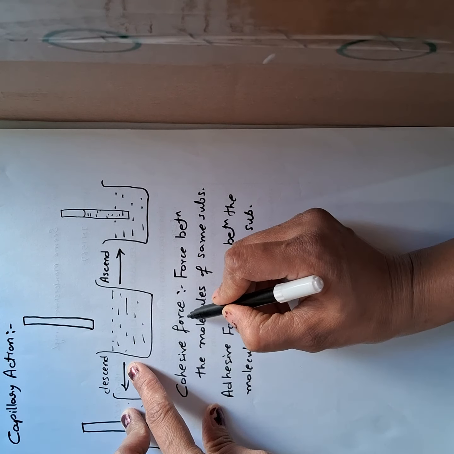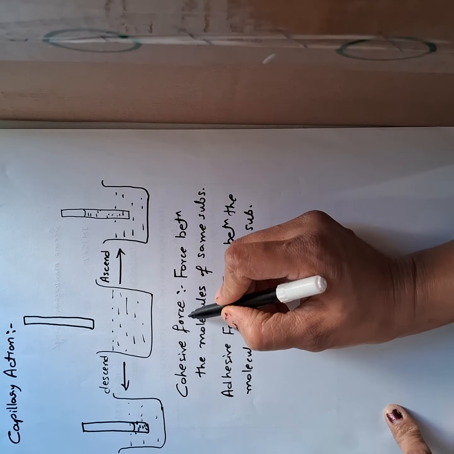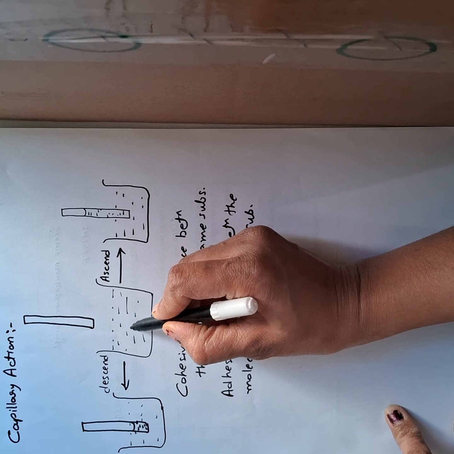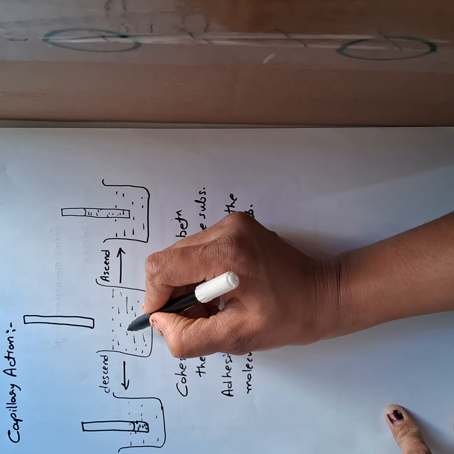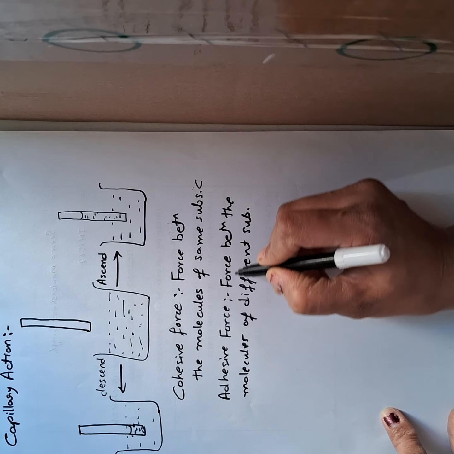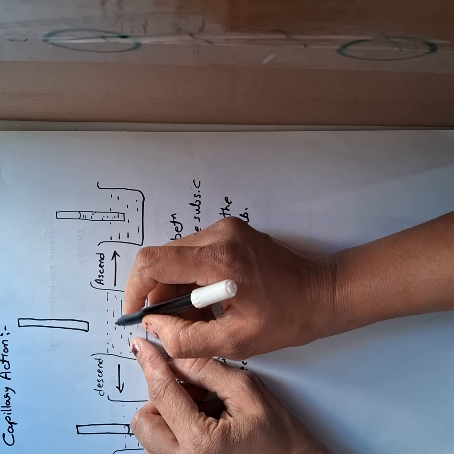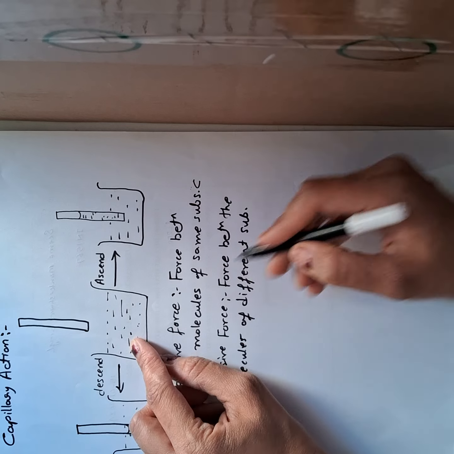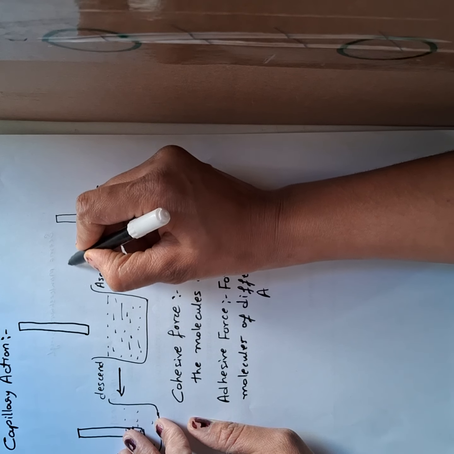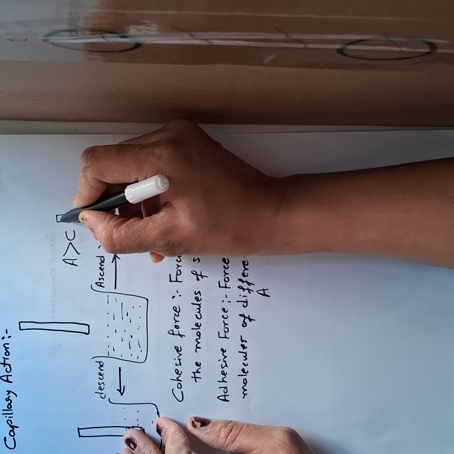The force of attraction, this cohesive force and adhesive force, comes into action. Suppose the cohesive force, that is the force between the molecules of the same substance, between the liquid molecules is C, and the adhesive force, the force between the molecules of liquid and the surface of this capillary, is A. If the adhesive force A is greater than the cohesive force, the liquid will ascend in the capillary.